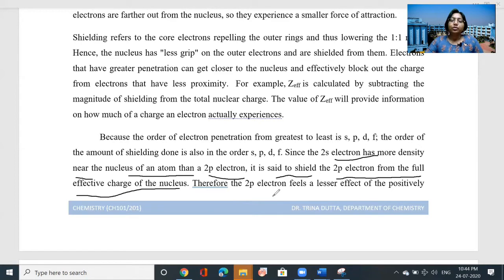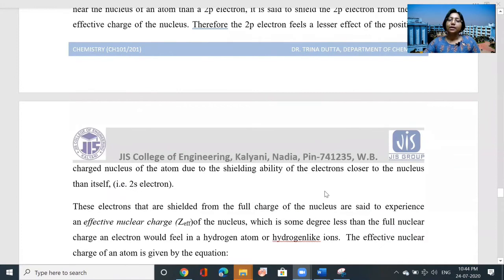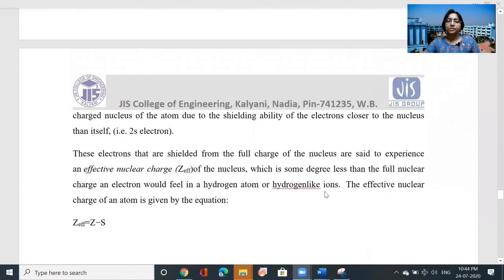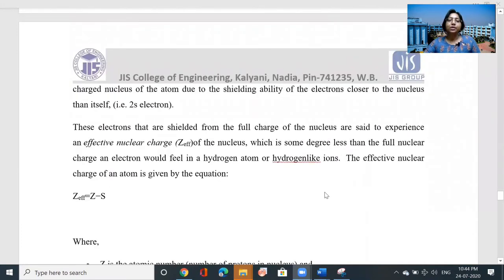Therefore, the 2p electron feels a lesser effect of the positively charged nucleus compared to 2s, due to the shielding ability of the electrons closer to the nucleus than itself.